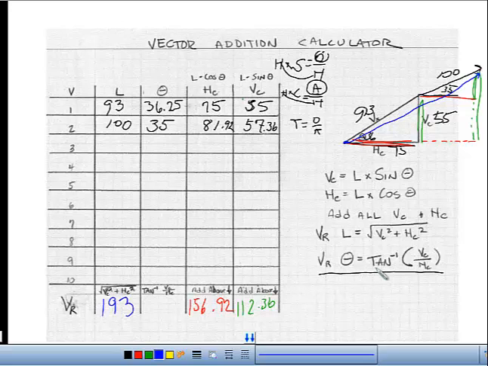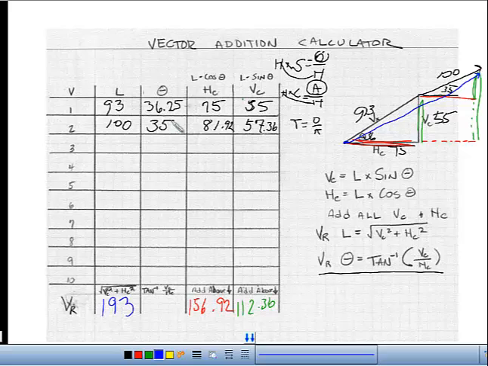And then the angle, this new phase angle, if we're looking at the not quite to scale model diagram I made, it should be apparent that it's not going to be 36, but it ought to be more than 35. So we should have a phase angle between 36.25 and 35.